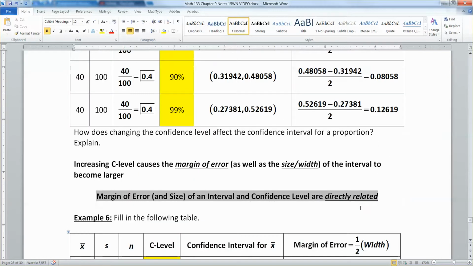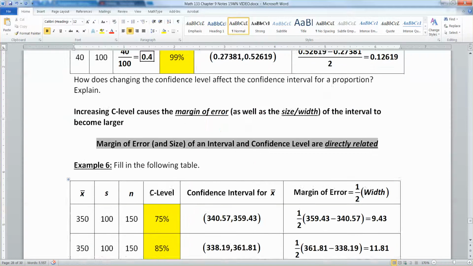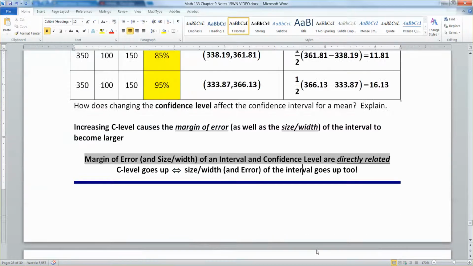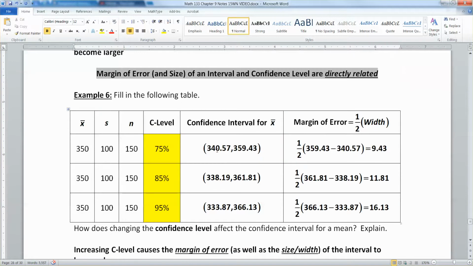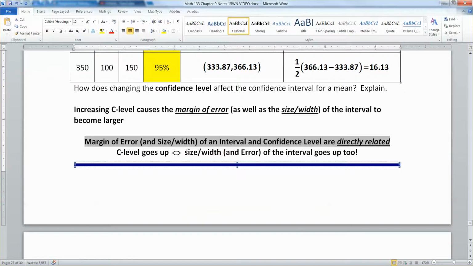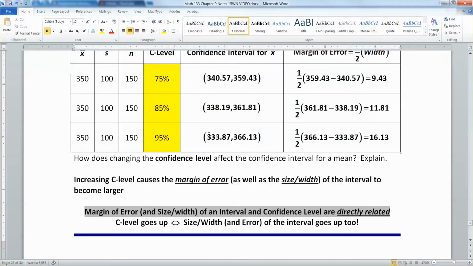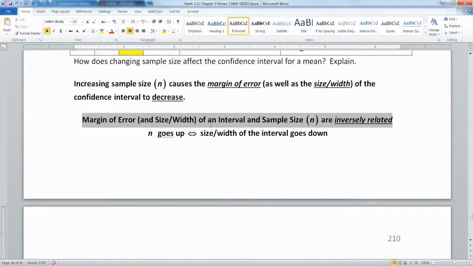They all go hand in hand. Sorry, margin of error up at the top, I wrote it like this as well, just so that way it's consistent. So size, width, and error, they all kind of go together because your size and your width are just double your error anyway.